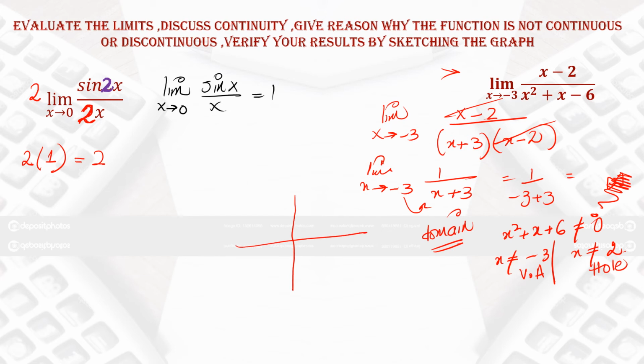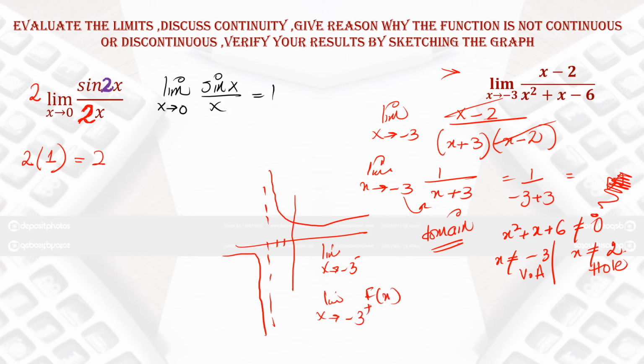If you go to the calculator and graph it, you will get a graph like this, on this side it is going down. At negative 3 is the vertical asymptote and the graph looks like this. So you will write limit as x approaches negative 3 from the left side, and limit as x approaches negative 3 from both sides.